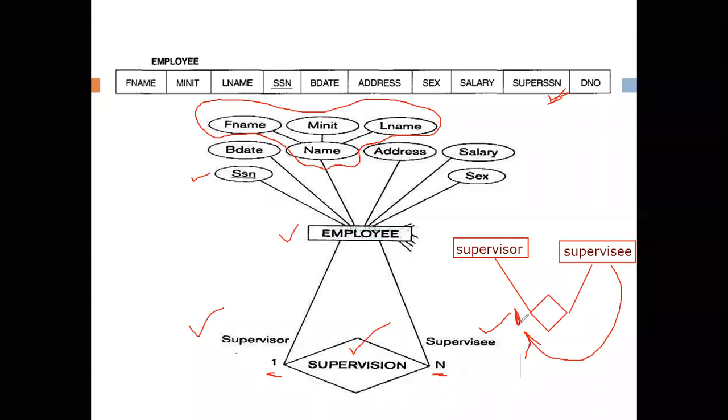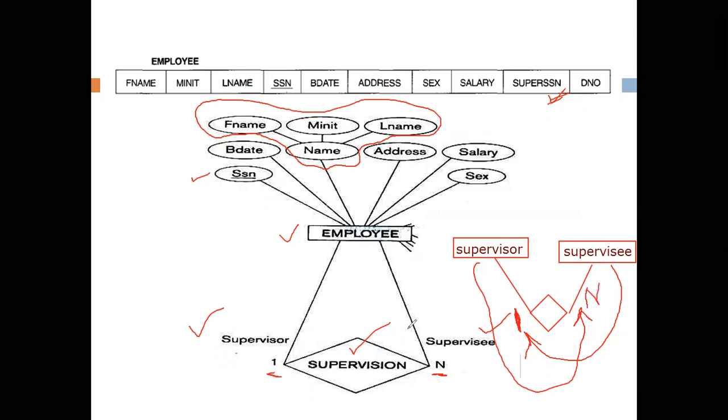Next, for one supervisor, how many employees will be under him? That we mention on the opposite side of the relation. One person can act as a supervisor for any number of employees, so that's why we will write N over here.